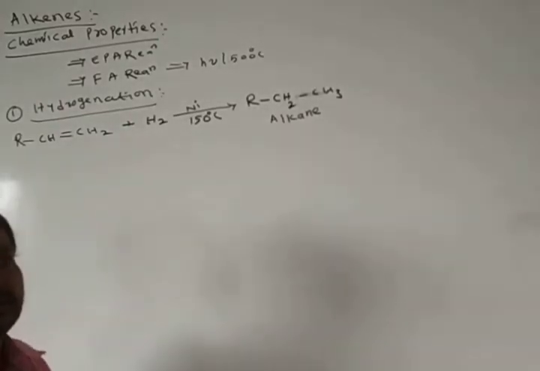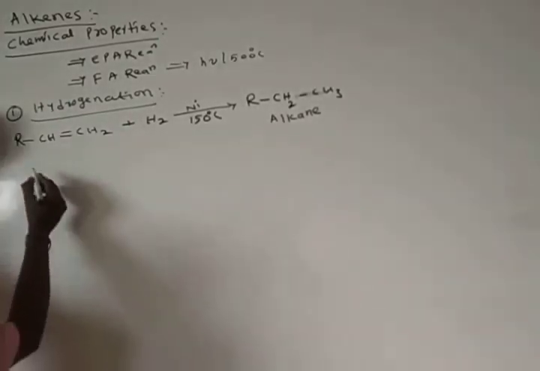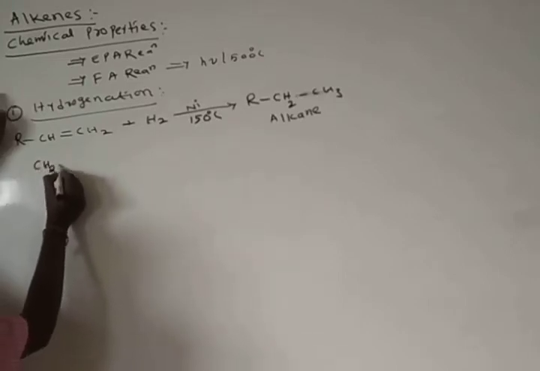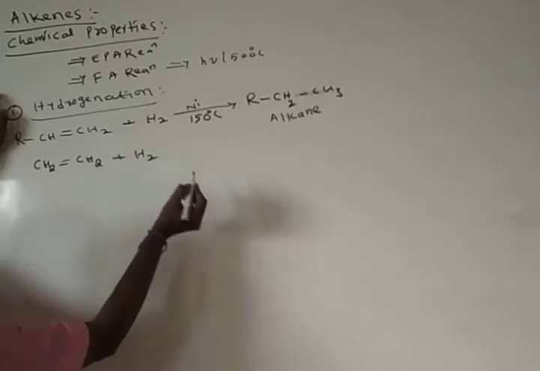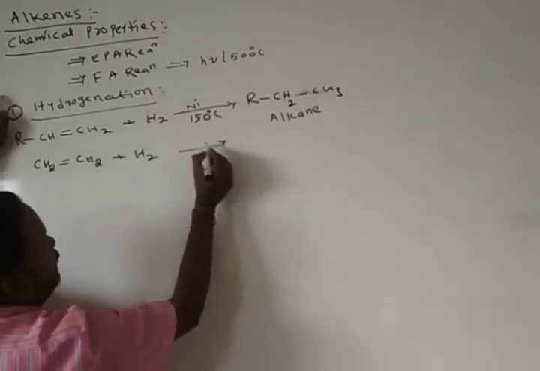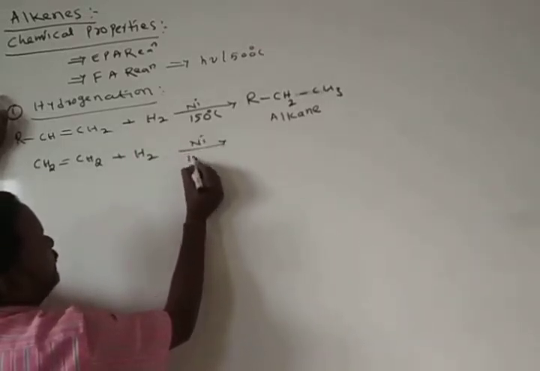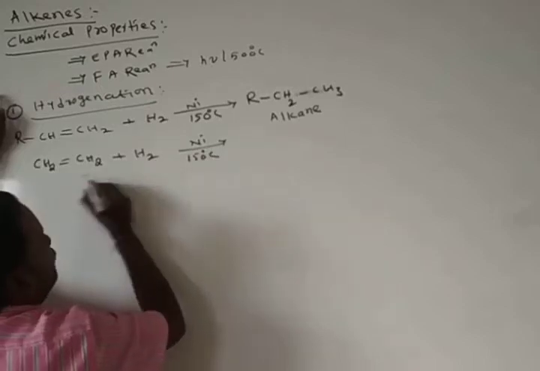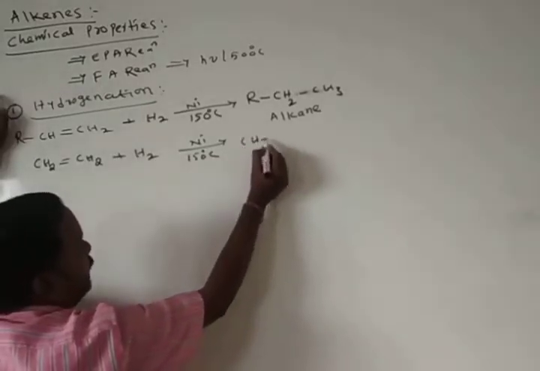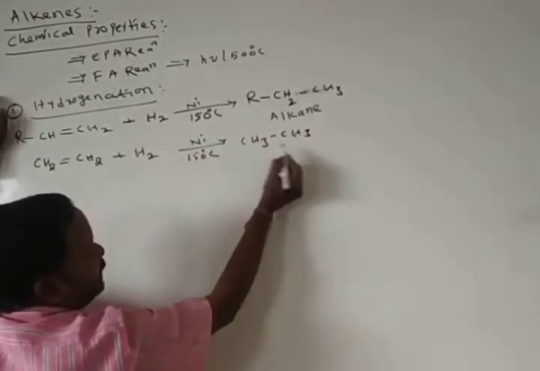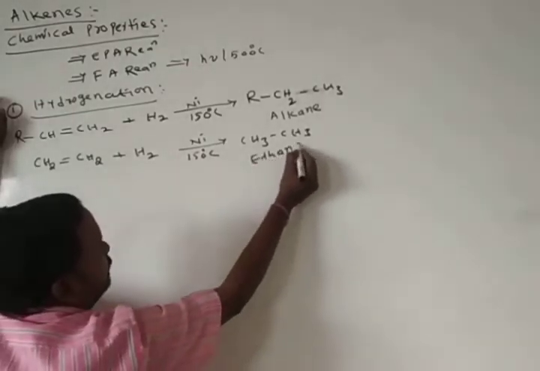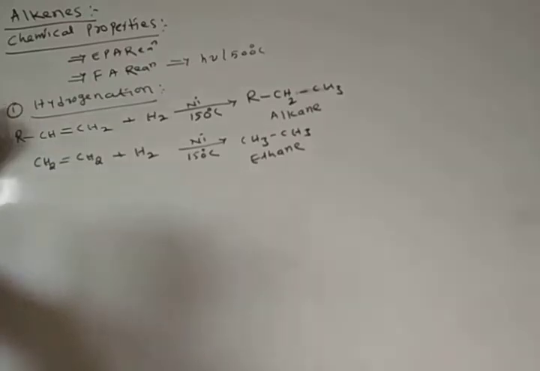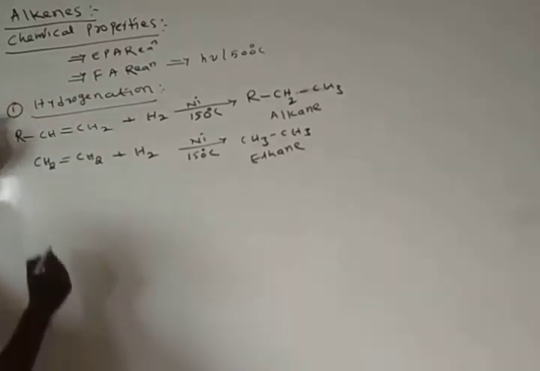Here also, CH2 double bond CH2 addition with hydrogen in the presence of nickel at 150 degrees centigrade temperature. Hydrogen is added and it becomes CH3CH3. This we call ethane. It forms ethane.